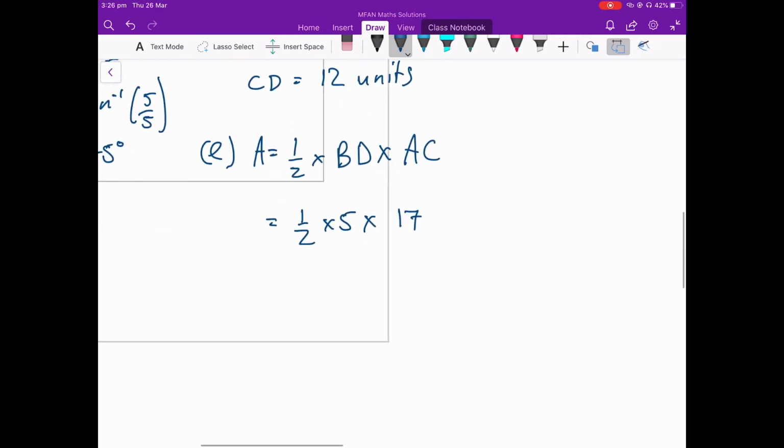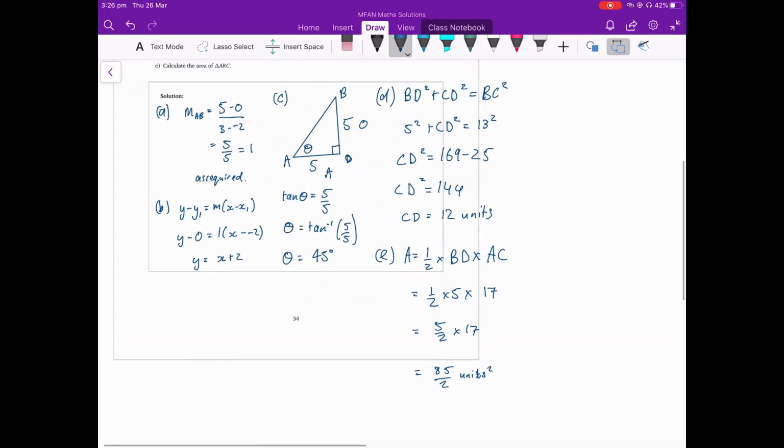Fantastic. So that would be 85 on 2 units squared. All right, so check your answers and see how you went.